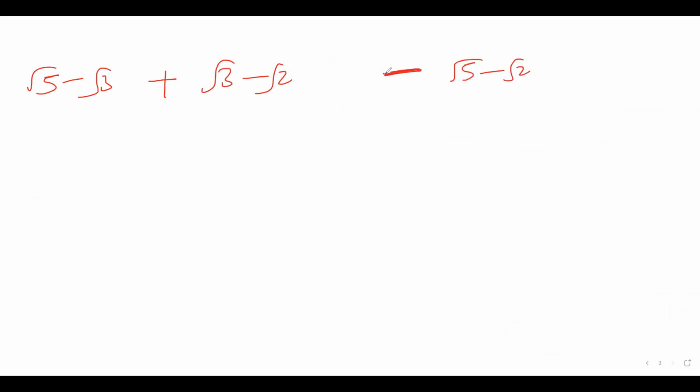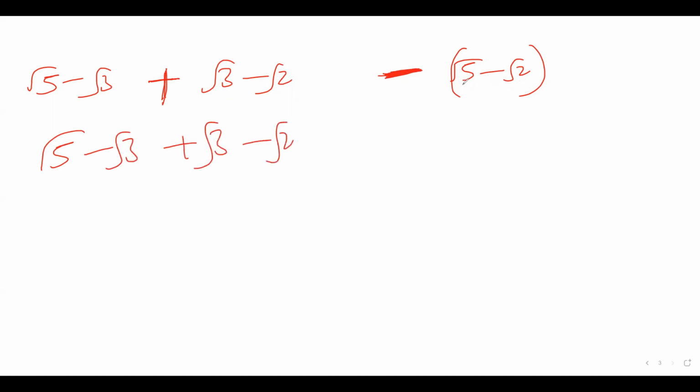Whenever you have minus sign and more than one term, you have to maintain brackets. When you have plus sign, no need of bracket. Why? Because signs will not change when you have plus outside, but when you have minus outside, signs will change. So root 5 minus root 3 plus root 3 minus root 2.